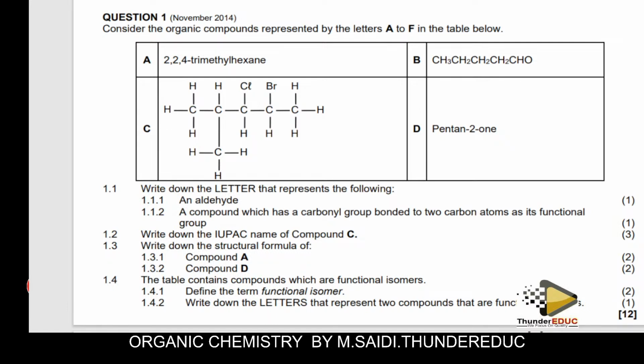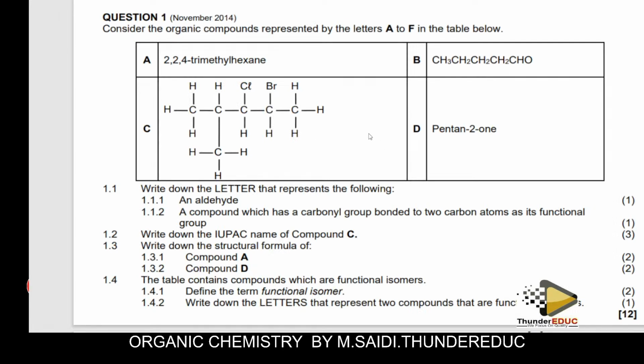As we said yesterday, the general formula starts with CnH2n, but because it is an aldehyde and a ketone, they have the O there. Why? Because the hydrogens have been replaced with the oxygen. Therefore, if you look at these compounds, which one falls in that general formula?